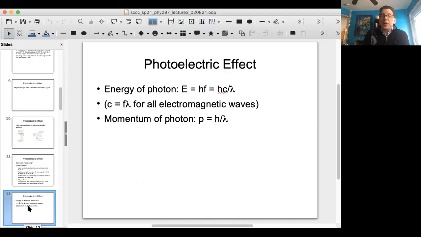And so the energy of the photon can be expressed as Planck's constant times the frequency, or Planck's constant times the speed of light divided by lambda, the wavelength. Remember, c is equal to f times lambda for all electromagnetic waves. And in general, the velocity of any wave is equal to the frequency of the wave multiplied by the wavelength of the wave. And the momentum of the photon is given by p equals Planck's constant divided by lambda, or divided by the wavelength.